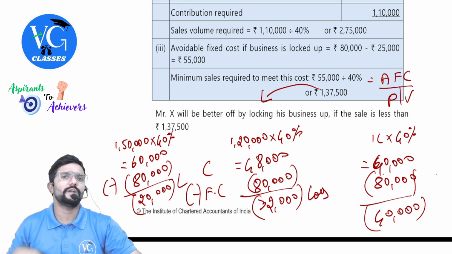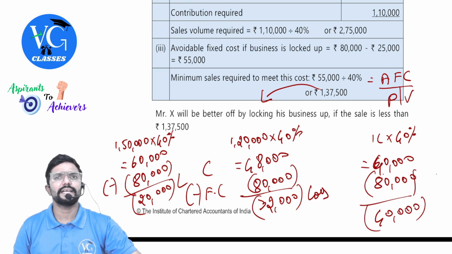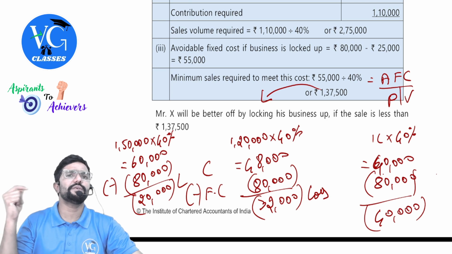Or alternate formula, or avoidable fixed cost divided by contribution per unit. Divided by contribution per unit, guys. Is that clear?